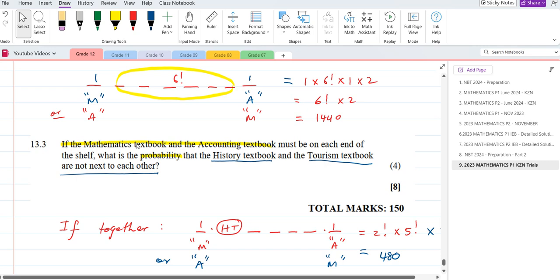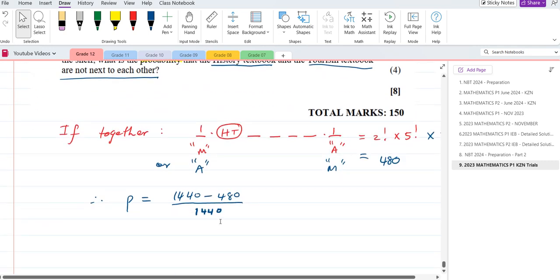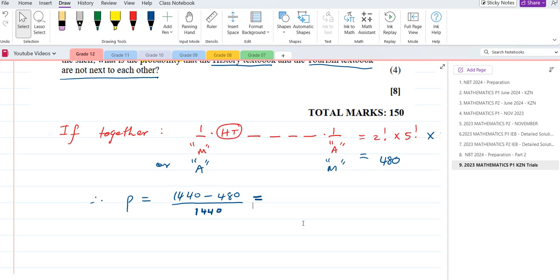If the mathematics textbook and the accounting textbook must be on each end of the shelf, what is the probability that... so basically divided by 1440, and if we work this out on the calculator, you should get an answer of 2/3.